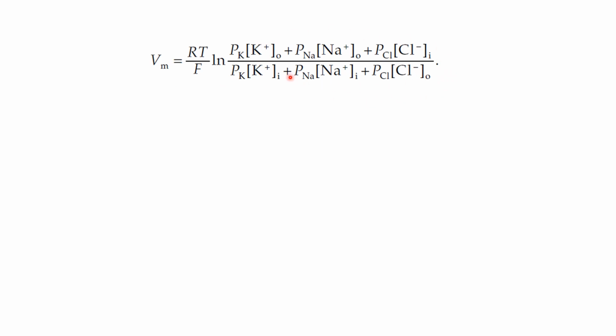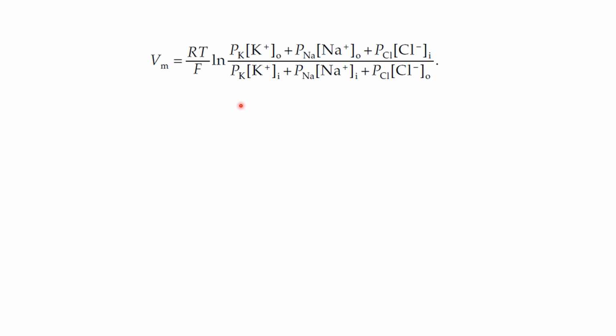So if you look carefully, you will see that for potassium and sodium, which are positively charged, we are writing the outside concentrations in the numerator. But for chloride, which is negatively charged, we are writing the inside concentration in the numerator and outside concentration in the denominator.